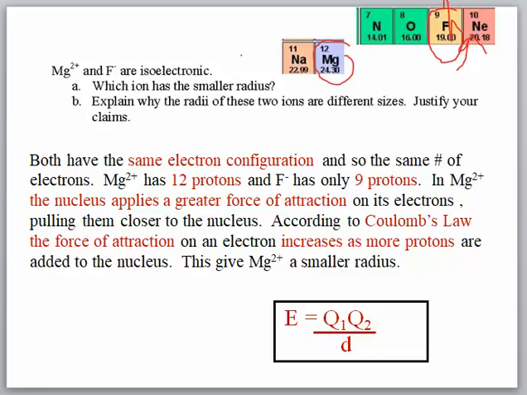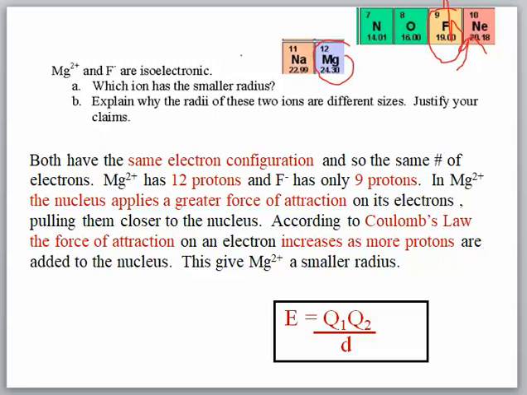So I'm not going to read through all of these in detail because I want you to make sure that before you do your FRQ, you study through some of these so you can pause the video and read these answers and make sure you understand them so that you can express your answers back to me on your free response. But it's based on the same electron configuration, same number of electrons.